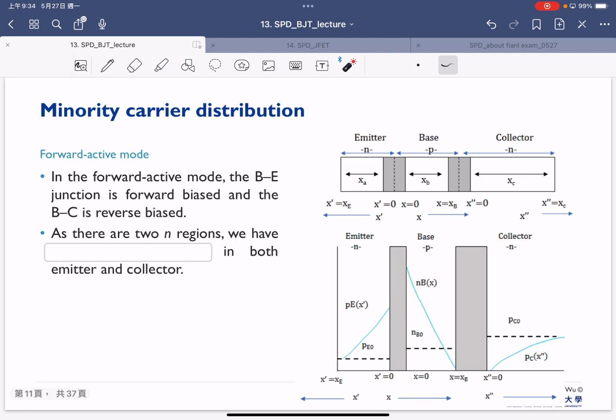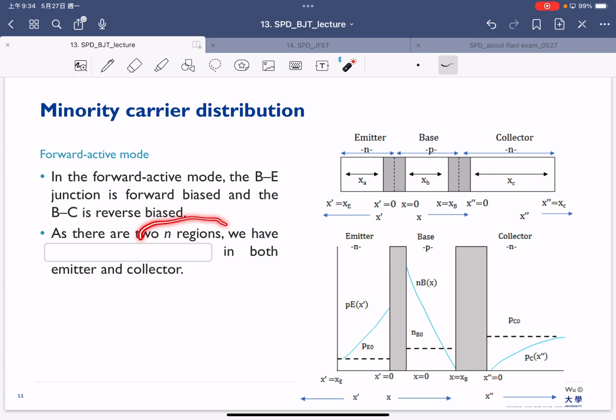First of all, we focus on the forward active mode. As we already mentioned last time, in the forward active mode the base-emitter junction is forward biased, and the base-collector (BC) junction is reverse biased.